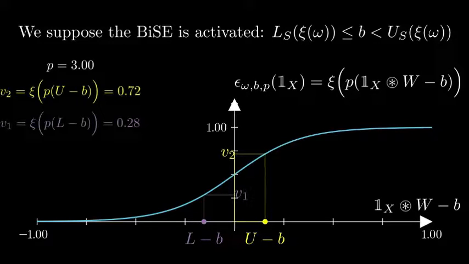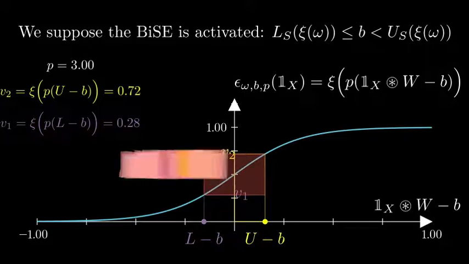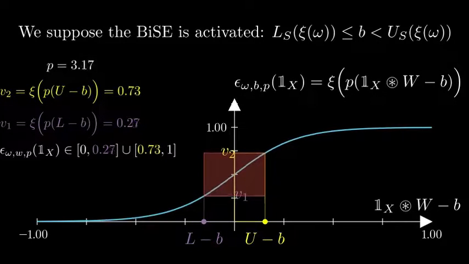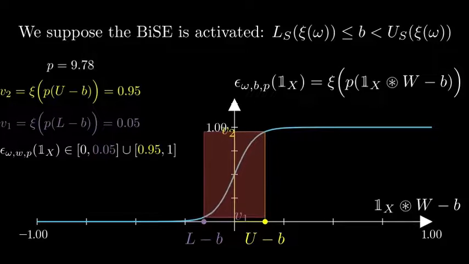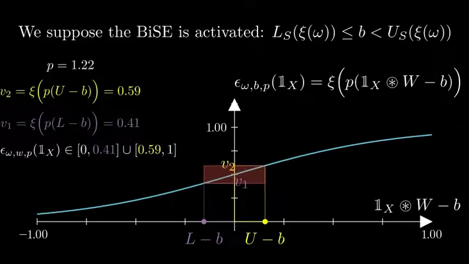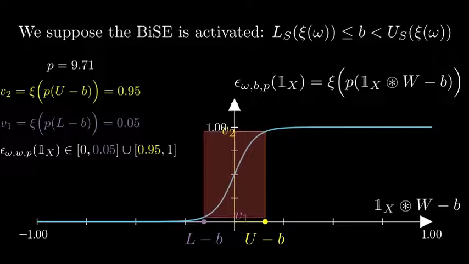Let V1 and V2 be the values taken by the B's for the convolution value L and U. Then, as there are no values between L and U, the output of the B's is either below V1 or higher than V2. Then we see that V1 and V2 are highly sensitive to P. The higher P, the closer the output is to a binary output.